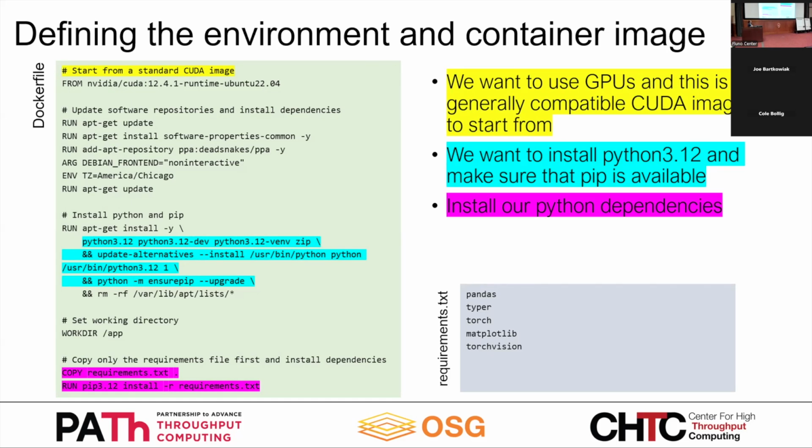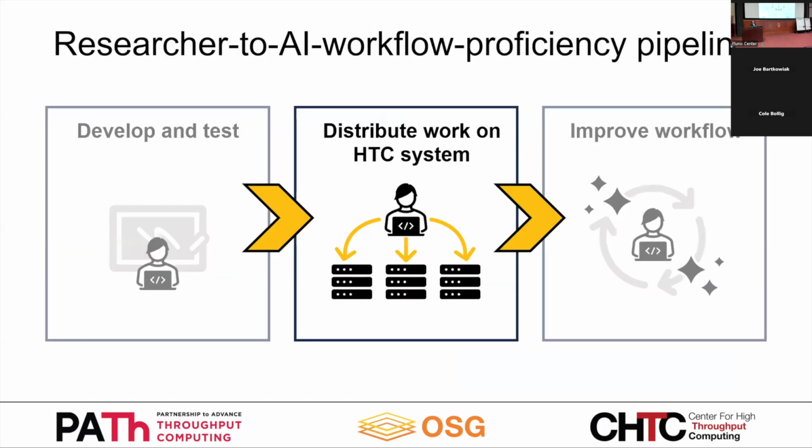Then we install Python 3.12 and pip, and then install the packages that we want later on. It is fairly simple to define this recipe and run it. Once we've done that, then we have our container image. The next step is to then distribute this work to the high throughput system. We've done our testing, we've made sure it works, we have our software environment.